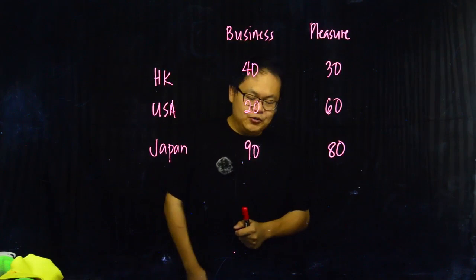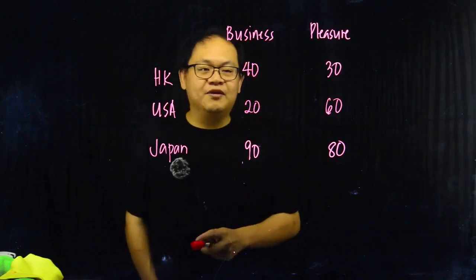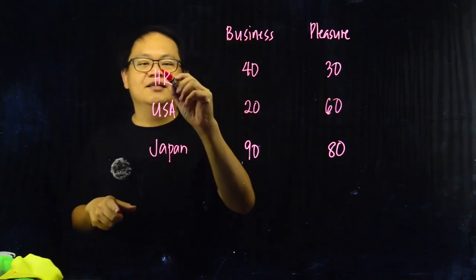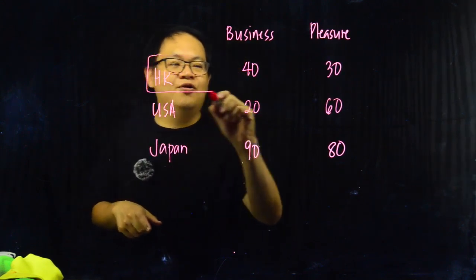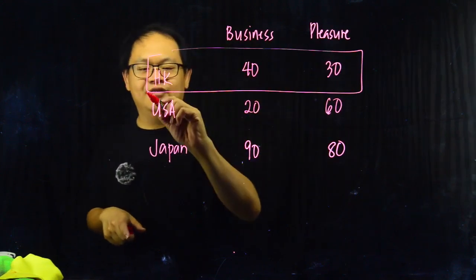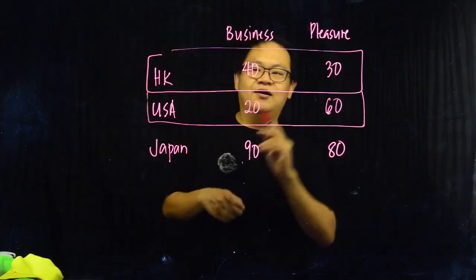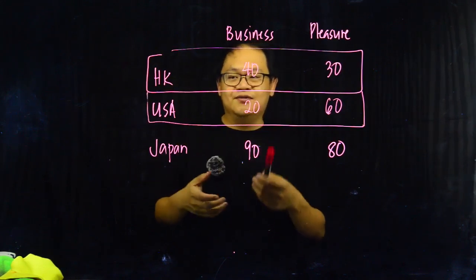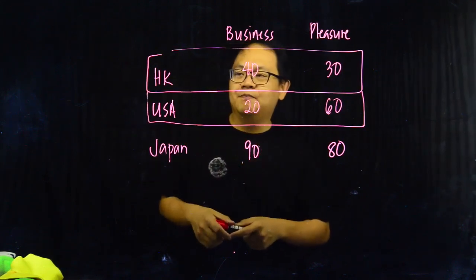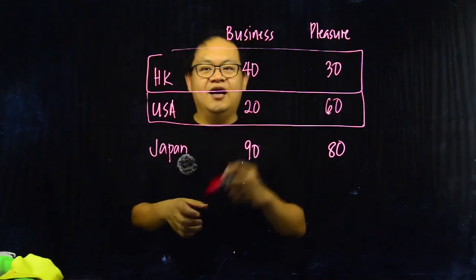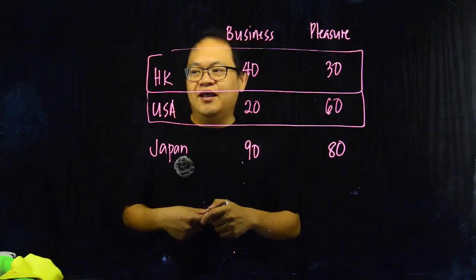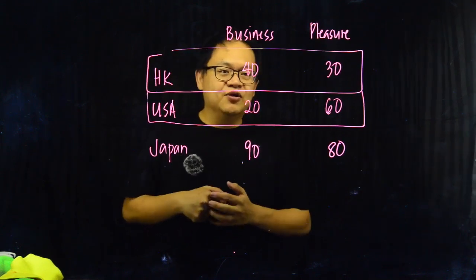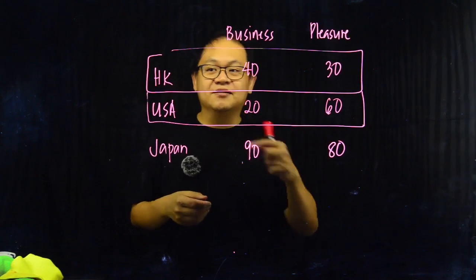Okay. Now, to explain the concept of dominated strategy, let me first focus on Hong Kong and the US. Okay? Now, let's say you are choosing between Hong Kong and US only first, no? And you'd like to see, is there an option that is surely nicer than the other.